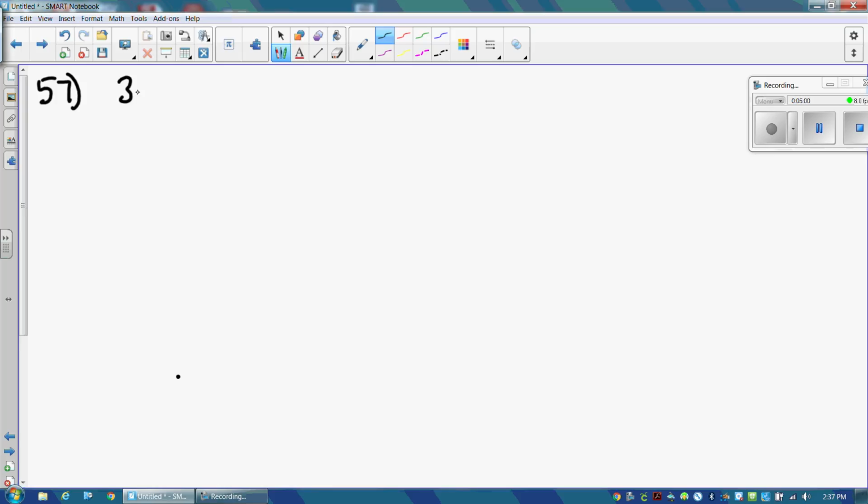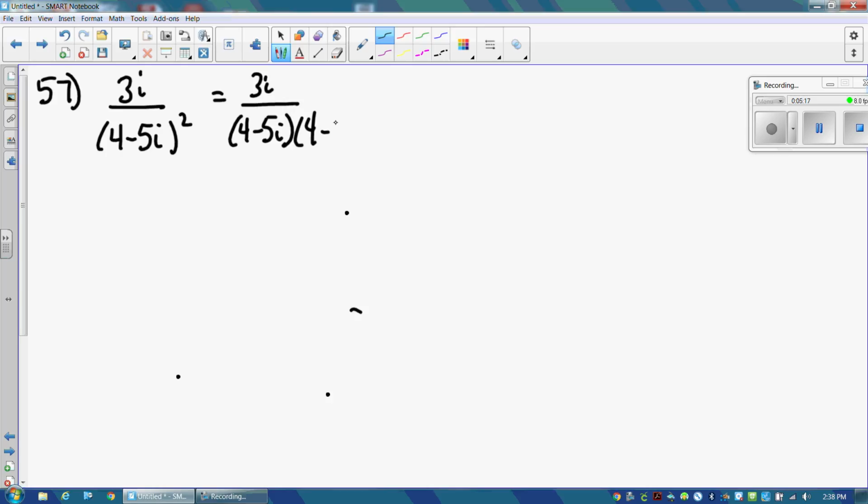It's 3i over 4 minus 5i squared. All right, the first thing I need to do is figure out what is 4 minus 5i squared. So I'm going to write it down twice and FOIL or distribute that.